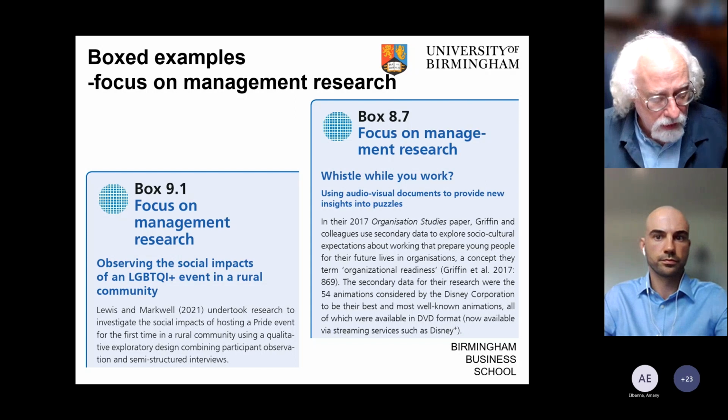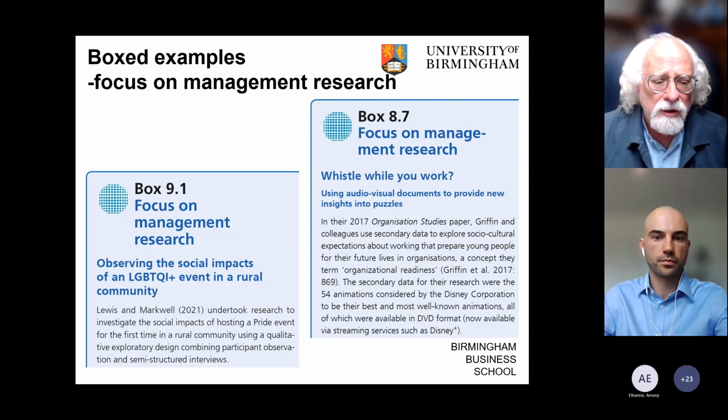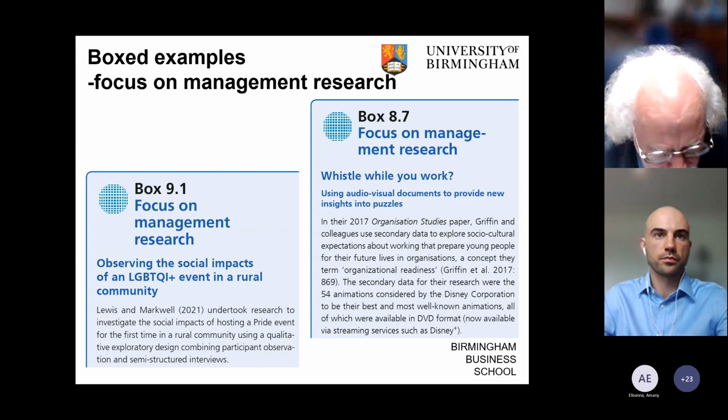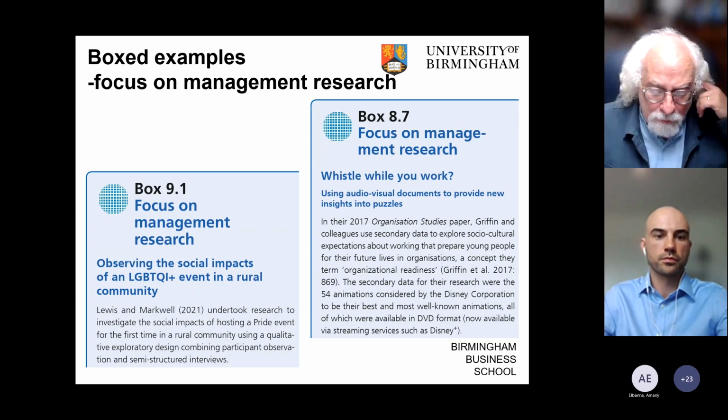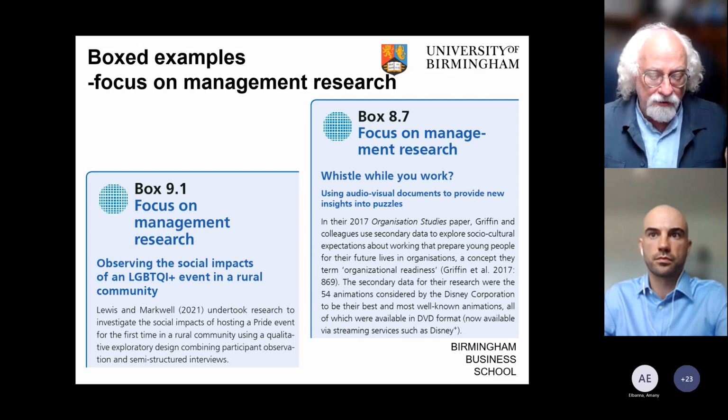So here we've got a couple of boxed examples. The first one, Box 9.1, is in the chapter on observation as a method, and it's a lovely study in the journal Leisure Studies at the inauguration of a Mardi Gras. It was an event which had been conceived to support, in part, LGBTQI plus residents, but it has about 12,000 attendees.